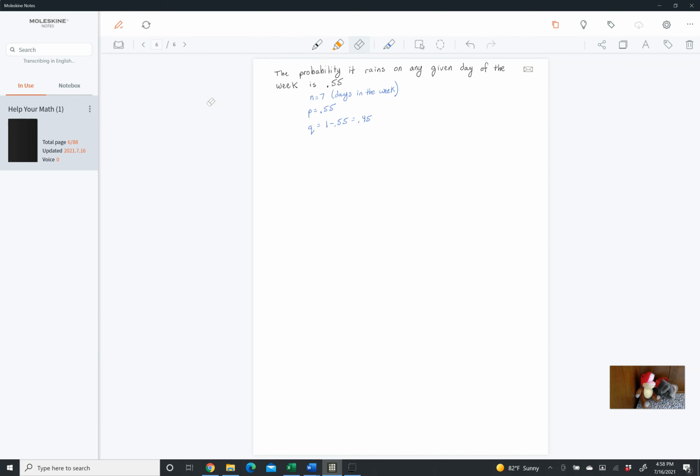Okay, so notice the probability of rain is the same on any given day, but the probability it rains is not necessarily the probability that it doesn't rain. Depending on how many days it actually rains, that would be x. So x equals the number of days it actually rained.